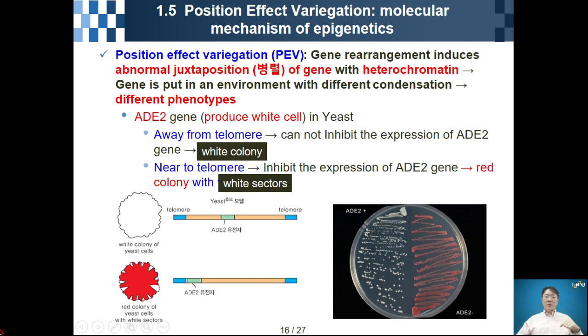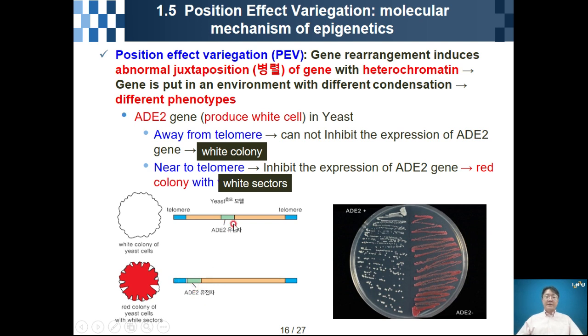Okay, so usually in this case the ADE2 gene is located far away from the heterochromatin region. But some gene rearrangement happens. So gene rearrangement induces abnormal juxtaposition of the gene, especially the ADE2 gene, with the heterochromatin region.